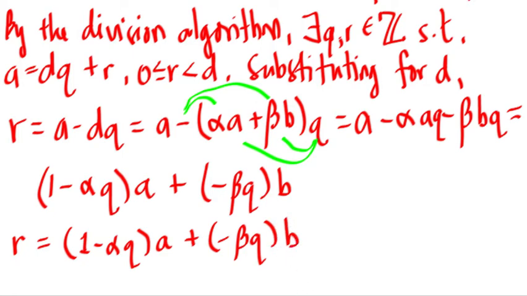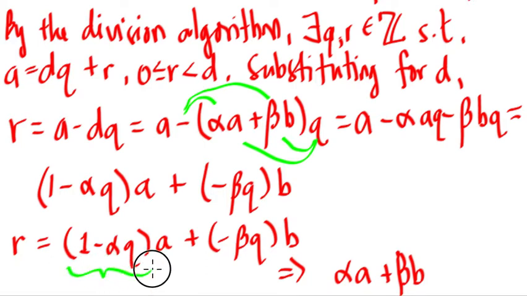Recall that a linear combination must be in the form of something like alpha A plus beta B. Only here, the alpha in this part is somehow different. It's not strictly an alpha.